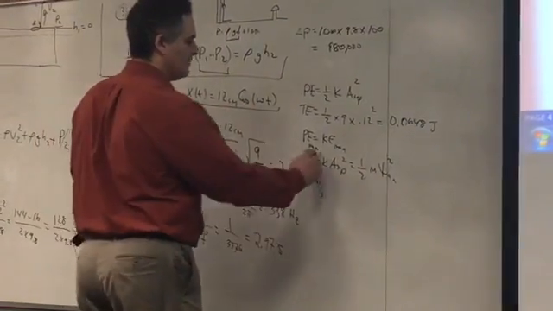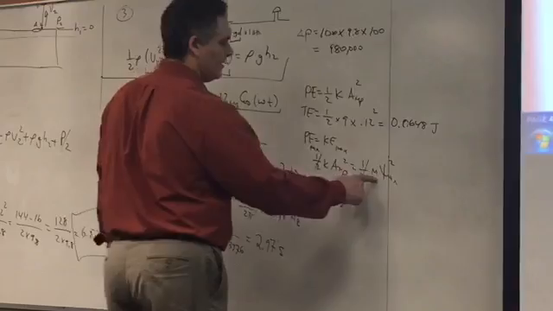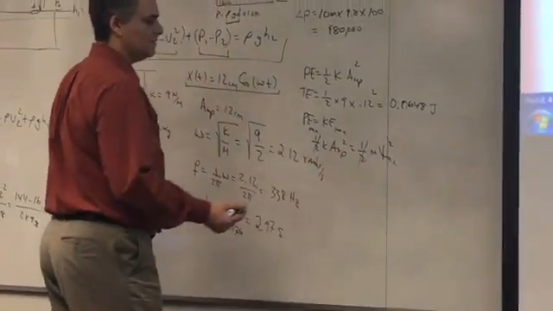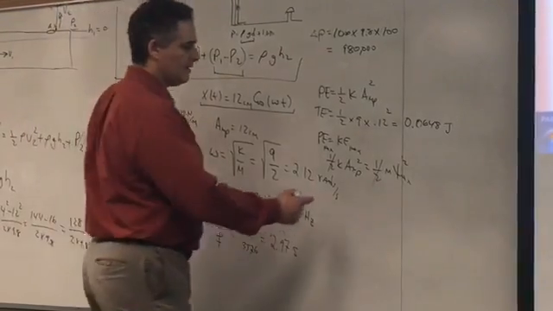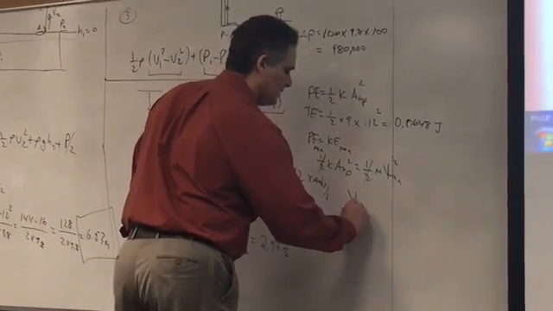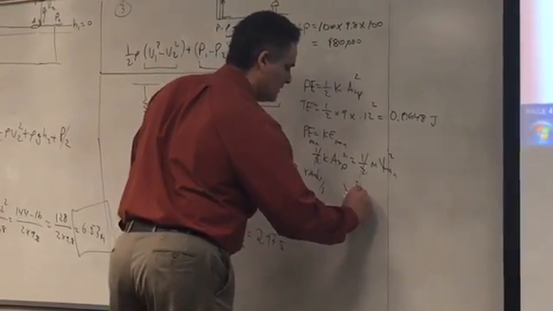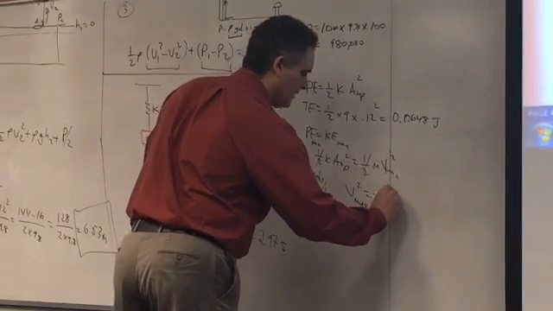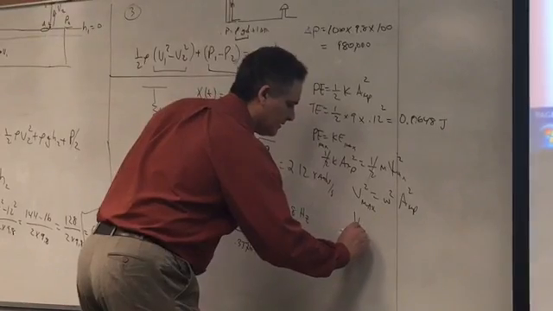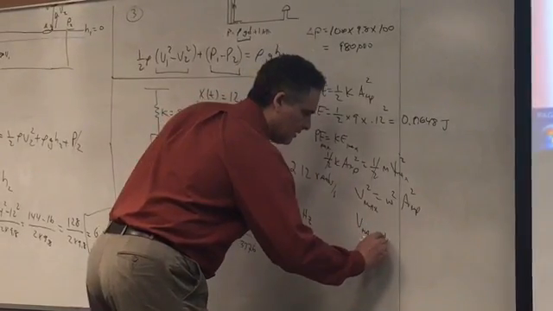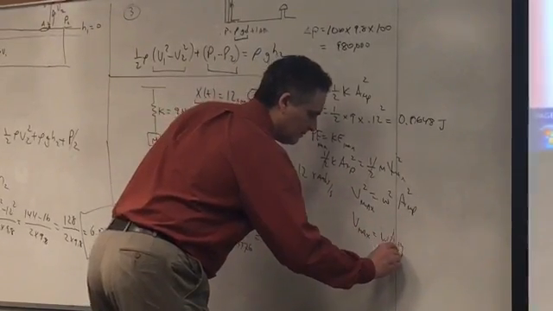I get rid of my 1/2. Now K divided by M is omega squared. So my V max squared is going to equal omega squared times my amplitude squared. So my V max is going to be omega times my amplitude.